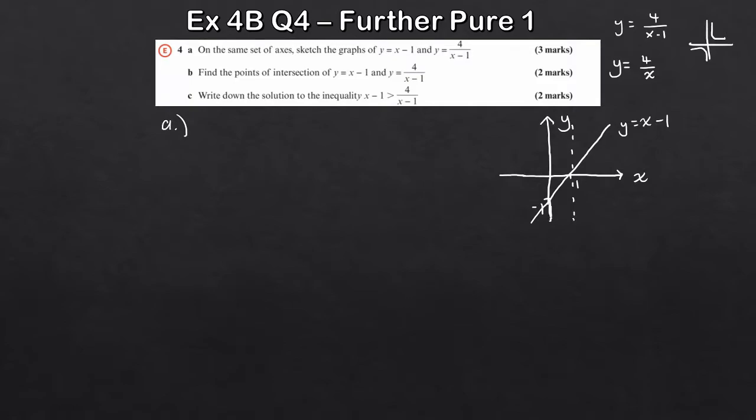The only other thing to consider is where it cuts through the y-axis. When x is 0, it's 4 divided by minus 1, so it cuts through at minus 4.